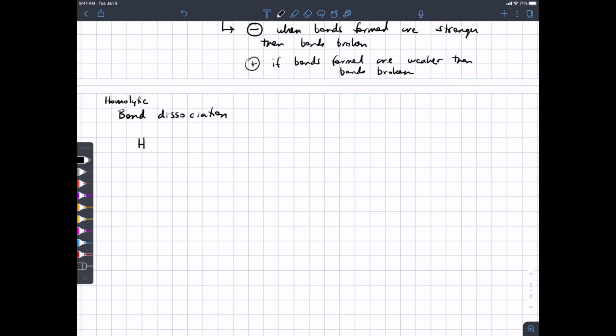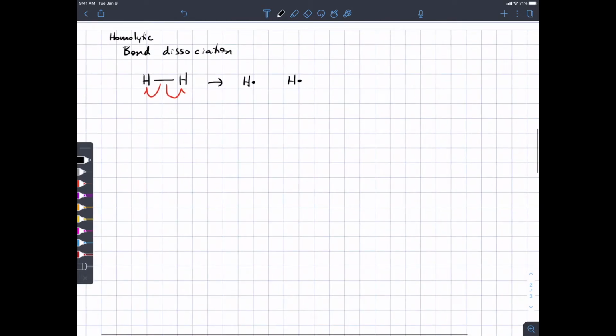This refers to a bond, say, between two hydrogen atoms breaking apart with an electron going back onto each hydrogen atom. By the way, this half-hooked arrow indicates the movement of one electron. So after this process, I have two hydrogen atoms, each with a single electron.